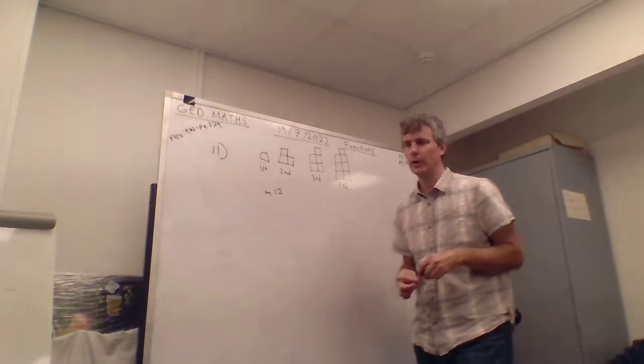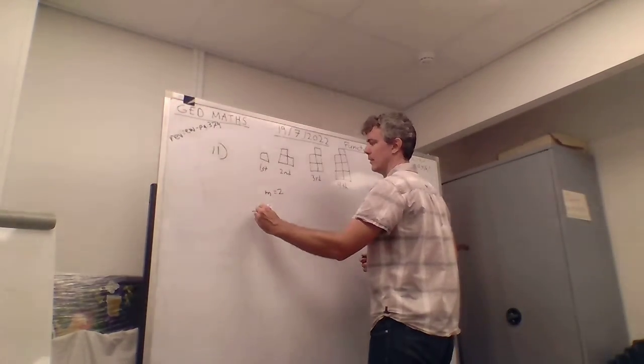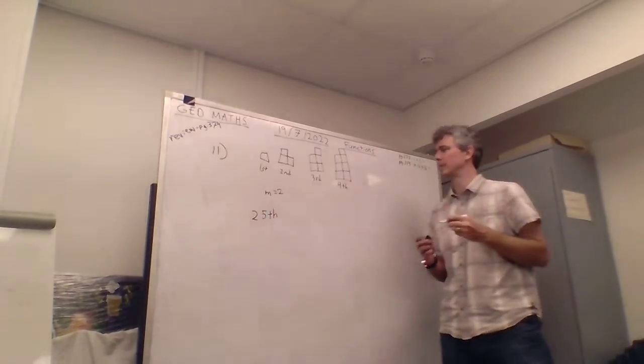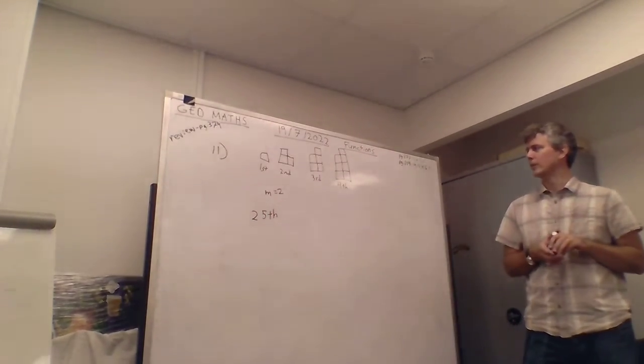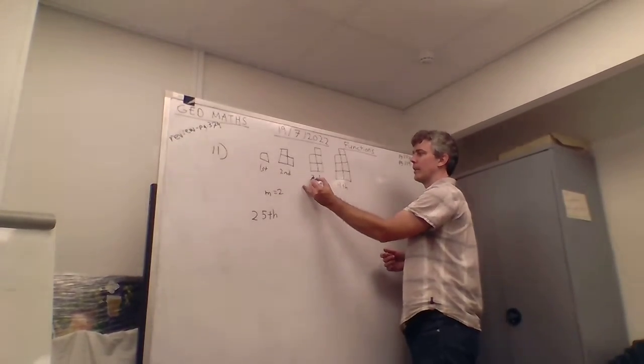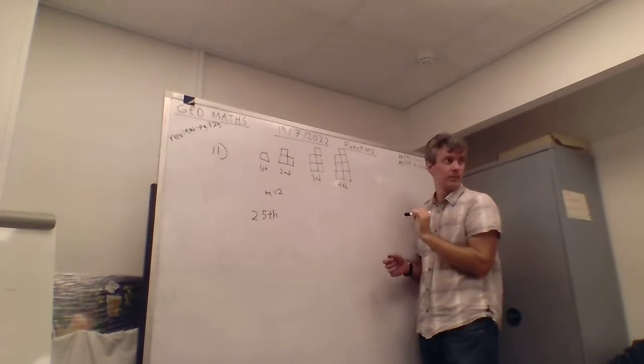So they want to know what is the 25th. It seems like it's whatever this is, doubled, minus 1.